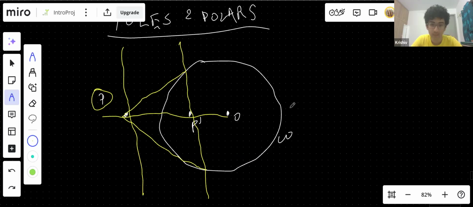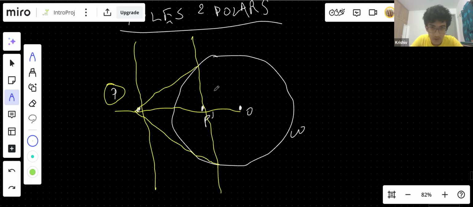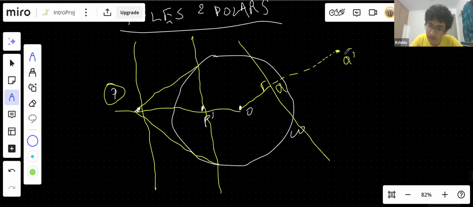Okay. And similarly, the pole of a line. Let's take this one random line. For the pole of this line, I drop the foot from the center. This point is say Q, and then I take the inverse of Q, this point Q dash. This is the pole of this line.